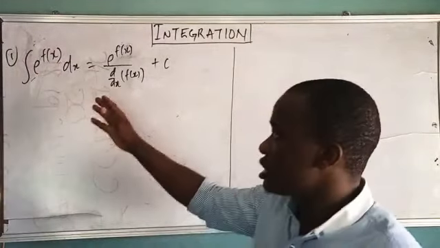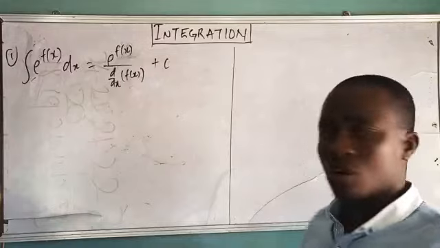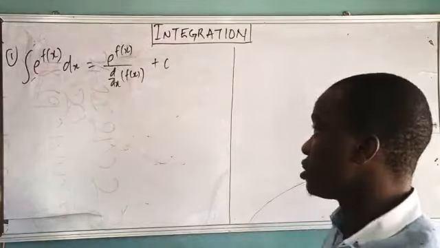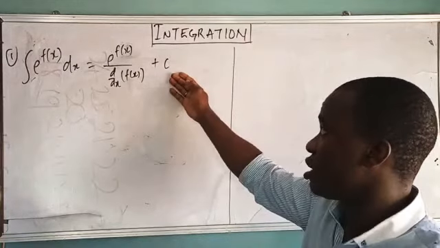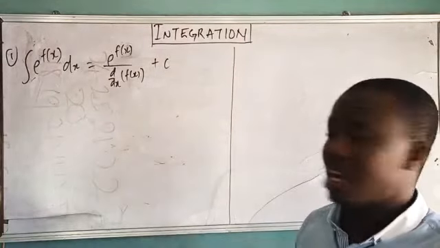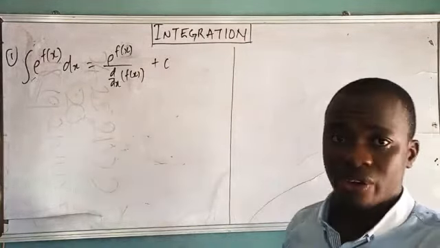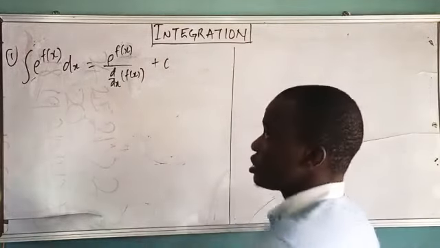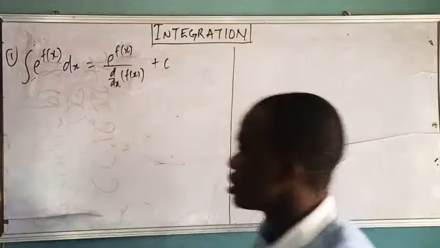So you always add your constant of integration. This is just a constant, so if you like, you can give it another letter. I give it c, that is the constant of integration. So this will automatically be this.